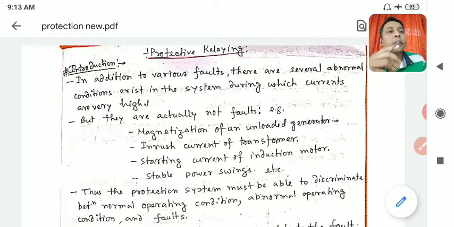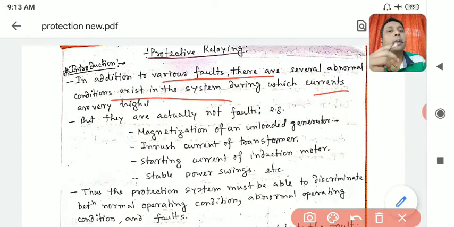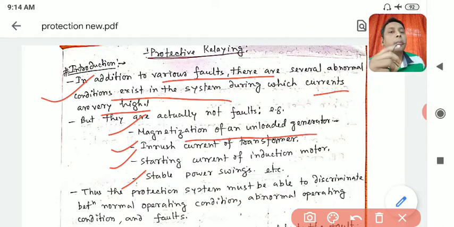In addition to various faults, there are several abnormal conditions during which the currents are very high. In fault conditions also currents are high, but there are some conditions which are not faults, yet your current is very high. Some examples: magnetization of an unloaded generator, which draws a huge magnetization current, like the inrush current in a transformer.